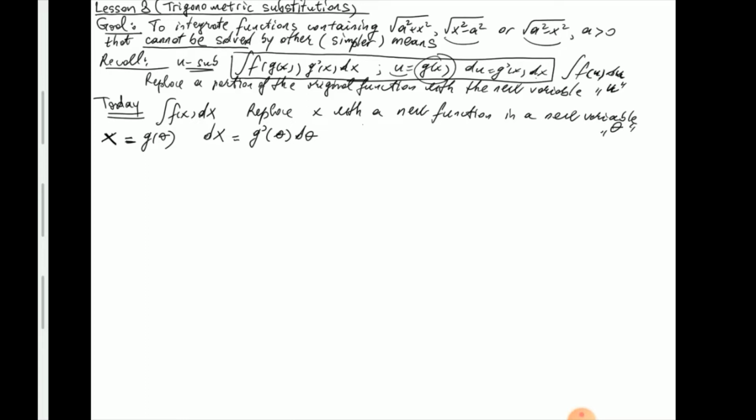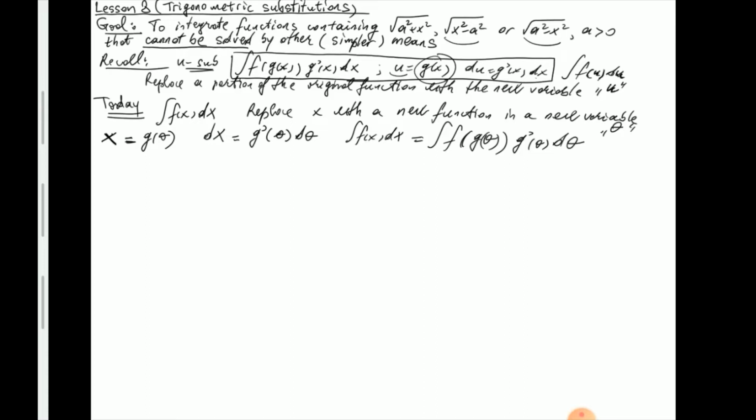And so the integral to start with, when you move on to the new variable, becomes the integral of f of g of theta times g prime of theta d theta. Again, it looks strange because it seems that this right-hand side becomes more complicated, but that's not the case thanks to some trigonometric identities.